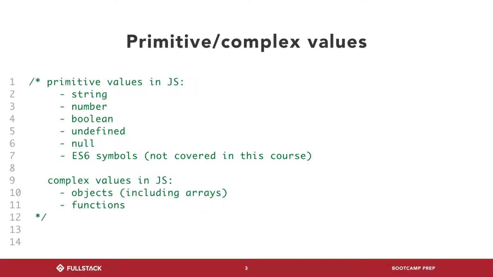Same thing with an object. If I have an object with 1 key value pair and I add another key value pair, I'm not creating a new object. I'm literally just changing my original object. Because it is changeable, because it is what we call mutable, they're considered complex values in JavaScript. So the complex values are objects, arrays, and functions. There might be a few more, but those are by far the biggest ones that you need to be aware of.